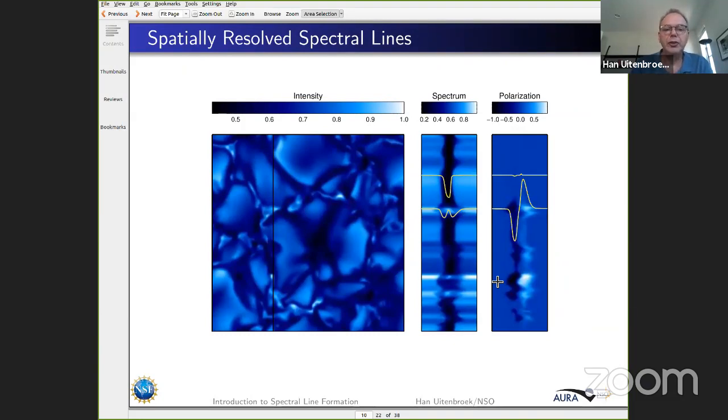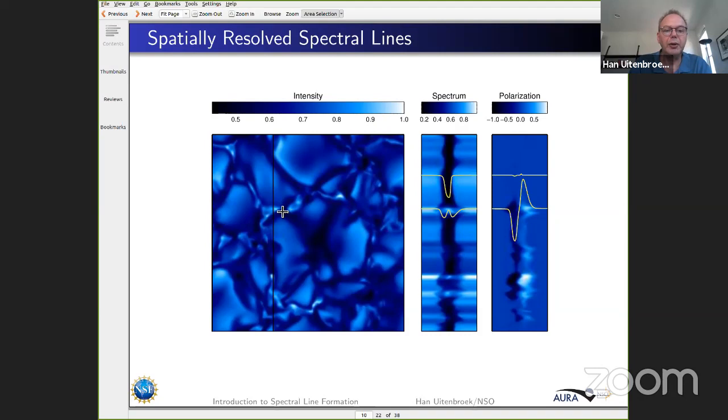One example, for instance, is if we take the spectra at this slit position, if you will, artificially, this column of spectral points in the image, we plot the spectrum. We plot the circular polarizations, for instance. You see that the spectral line shape varies very much with location. You see line shifts where the granules are shifted towards the blue because this is upflowing material. You see the line shifting to the red in the intergranular lanes because these are downflowing regions.